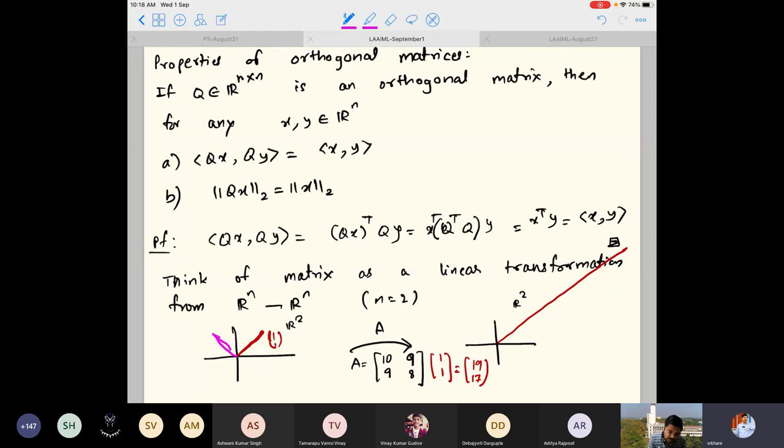So (-1, 1) is this vector here, and it goes to (-1, -1), which is somewhere here.